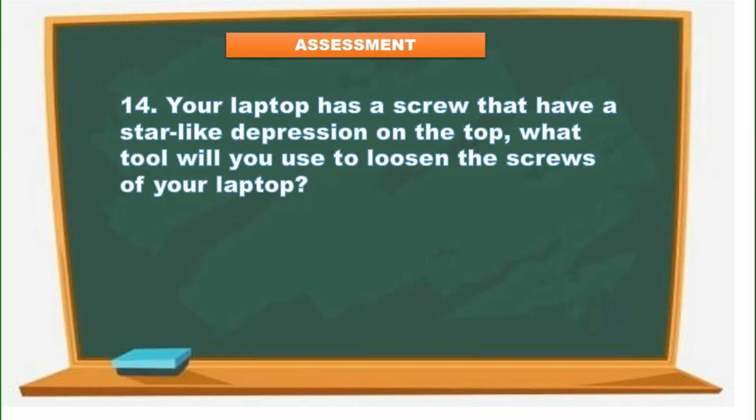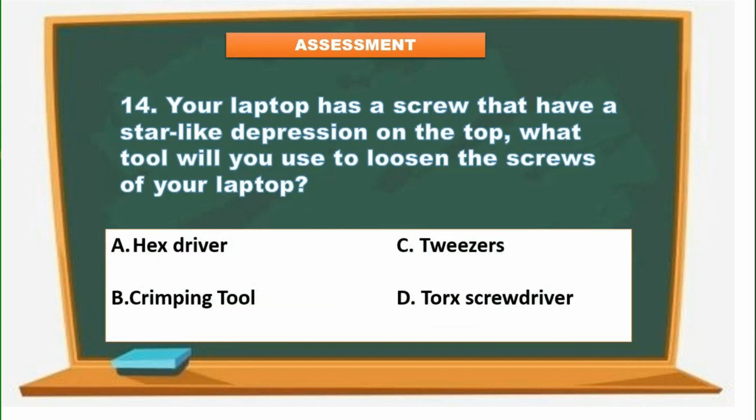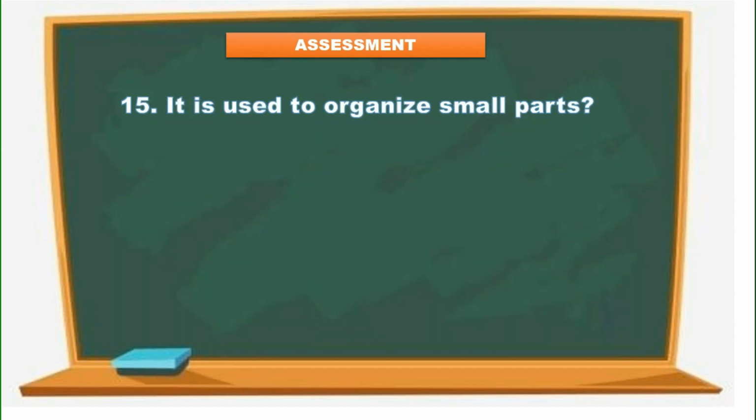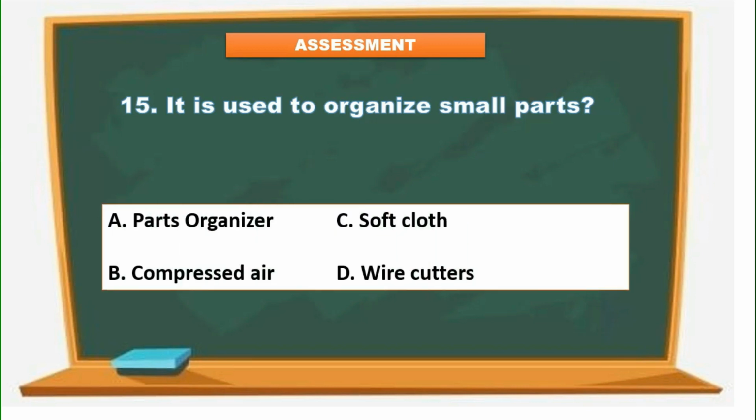What tool will you use to loosen the screws of your laptop? A. Hex driver. B. Crimping tool. C. Tweezers. D. Torx screwdriver. Number 15. It is used to organize small parts. A. Parts organizer. B. Compressed air. C. Soft cloth. D. Wire cutter.